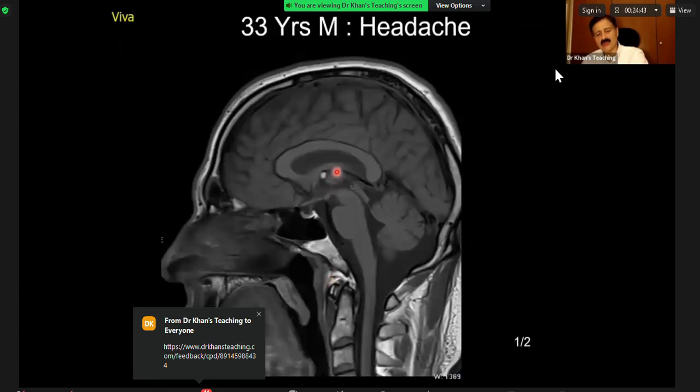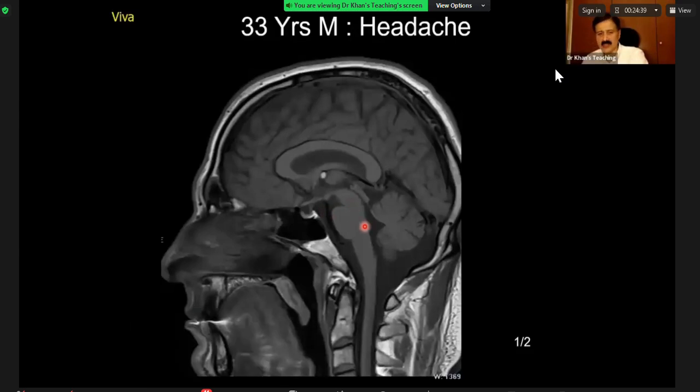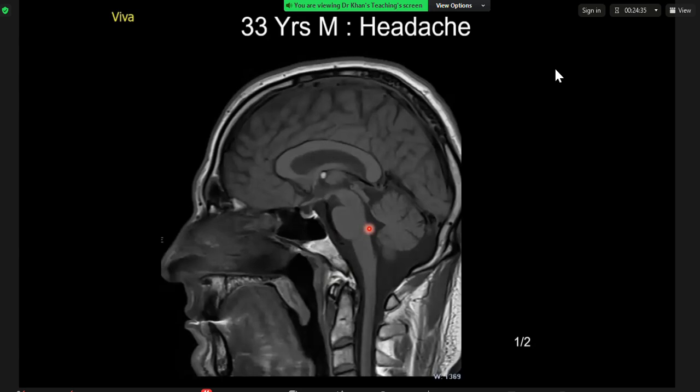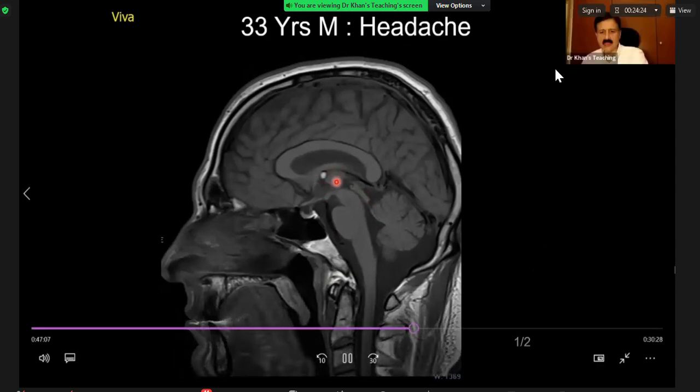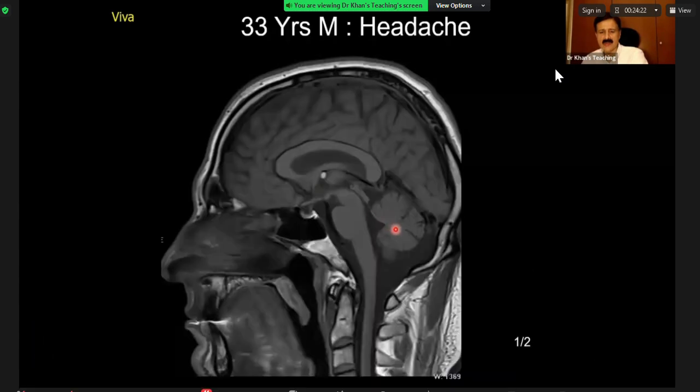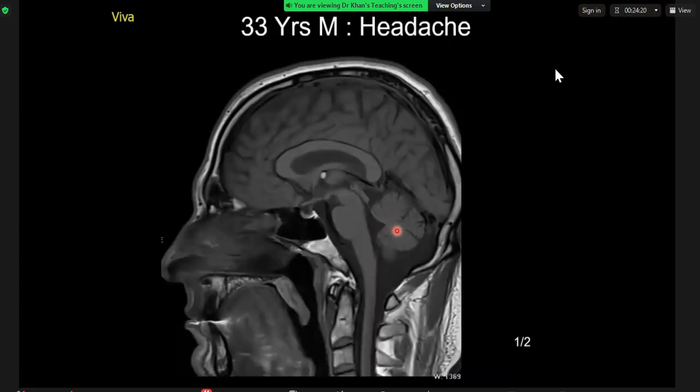What is this? This is your last case, and then candidate 8 should be ready. So there's a high signal lesion at the, not the pineal, anatomy. So it's in the third ventricle, so it's a colloid cyst, I think.